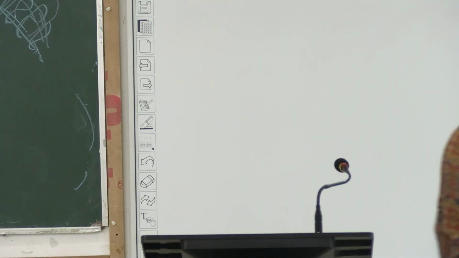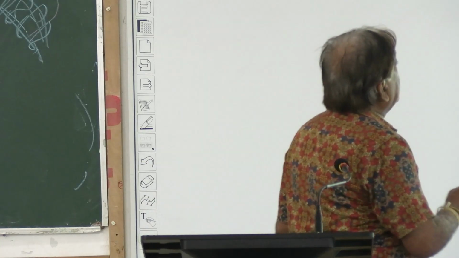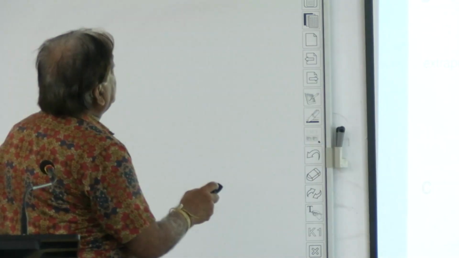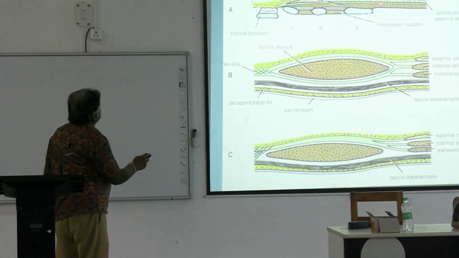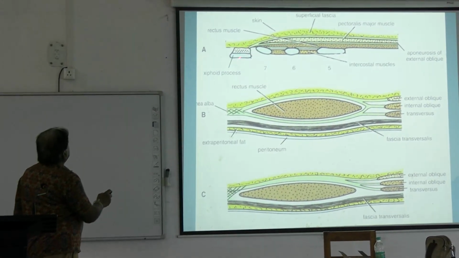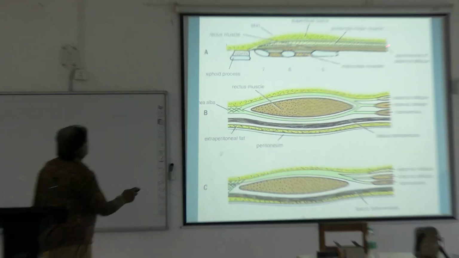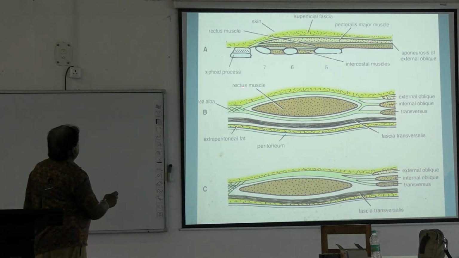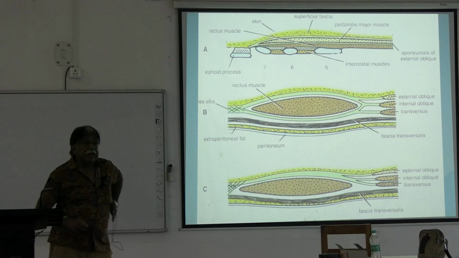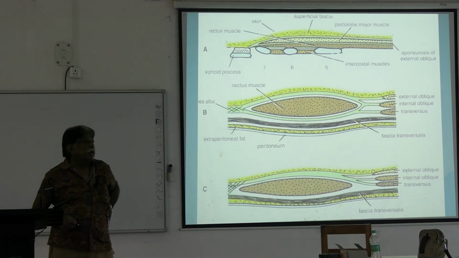And now the rectus muscle, the superficial fascia, pectoralis major muscle, skin, xiphoid process, aponeurosis of the external oblique. Now again the linea alba is here. See the external oblique, internal oblique, and transversus.